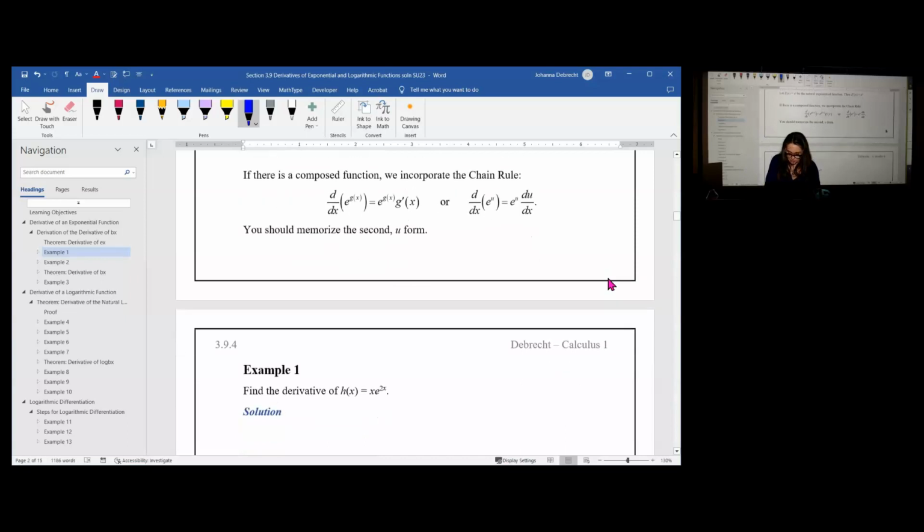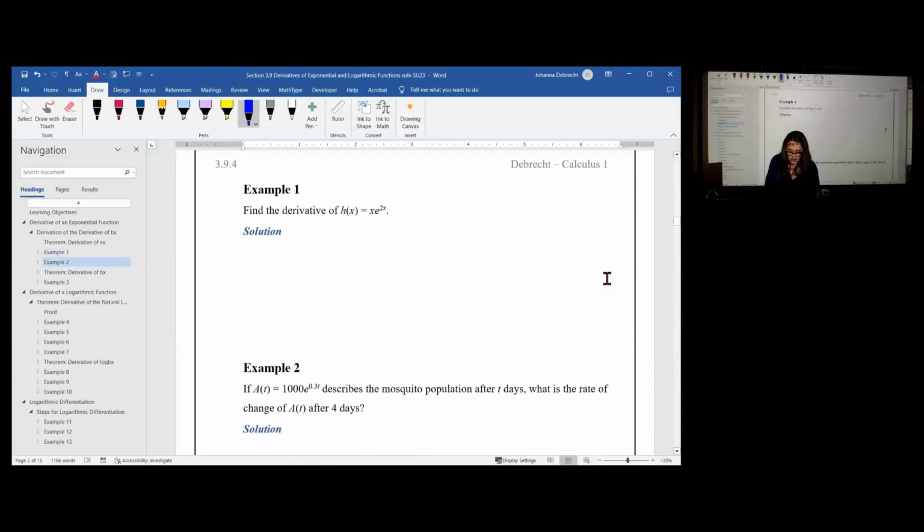Let's take a look at our first example, which is x e to the 2x. Let's go ahead and take the derivative of it now. We definitely have a product between x and e to the 2x, so we'll apply the product rule. x is going to be my f, and e to the 2x is going to be my g.